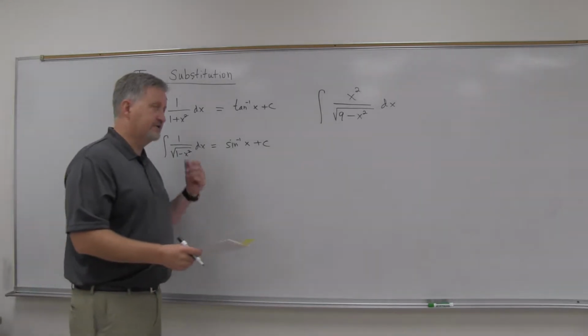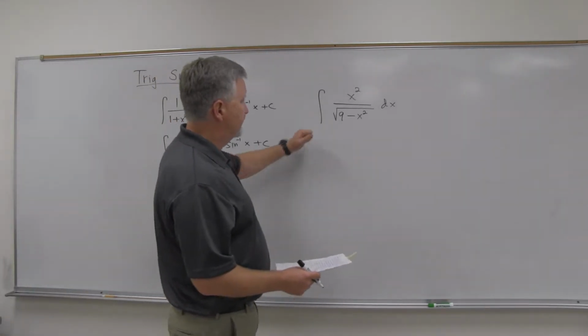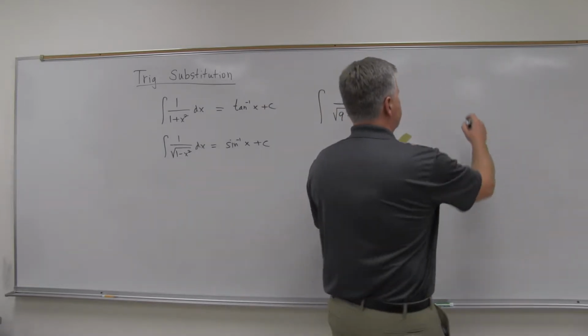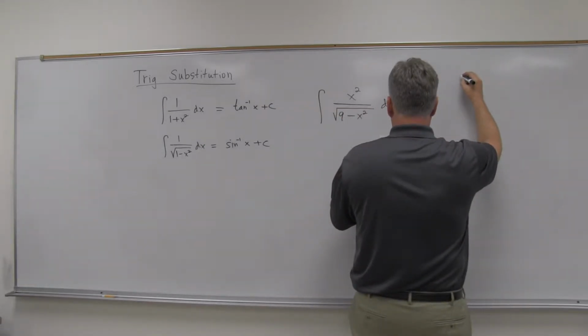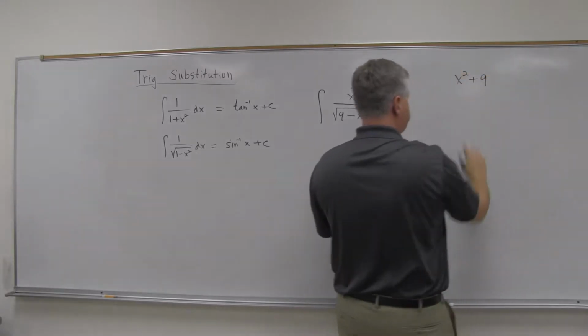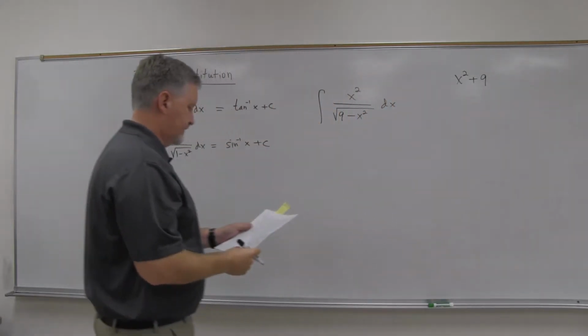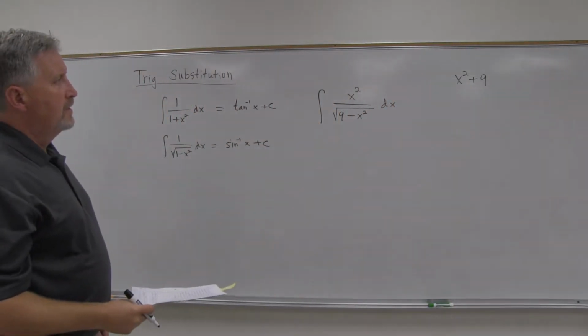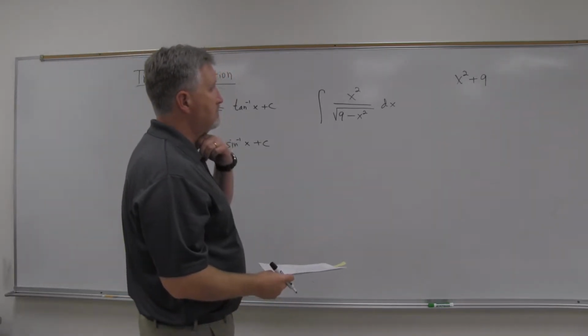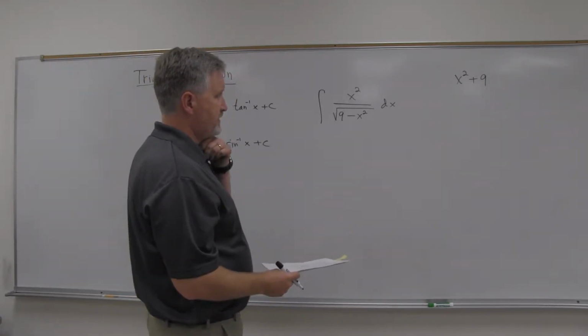Now let me just show you some steps. We'll do this one in a second, but let me tell you about the trig substitutions first. Say I have x squared plus 9, and that's what I'm going to make my trig substitution on.